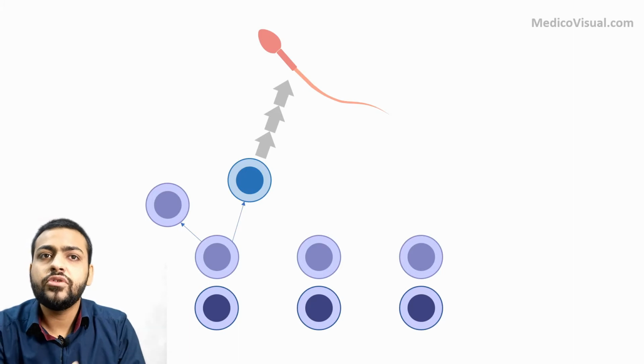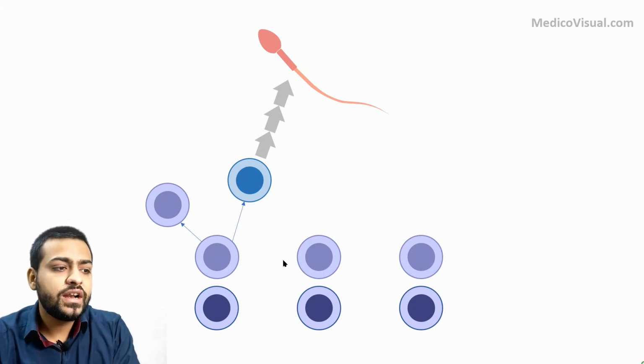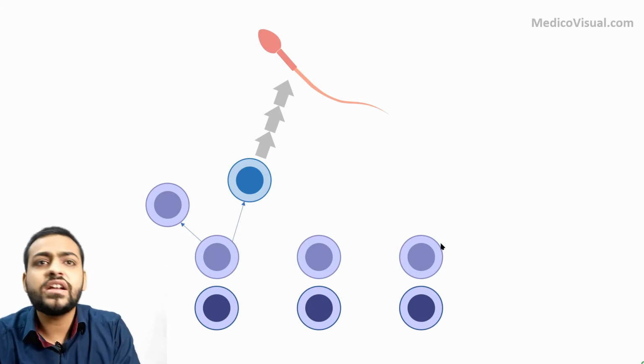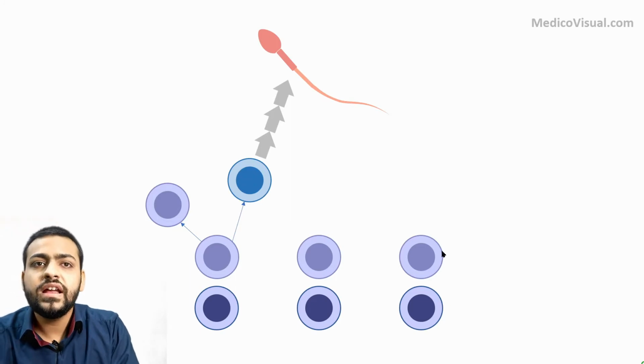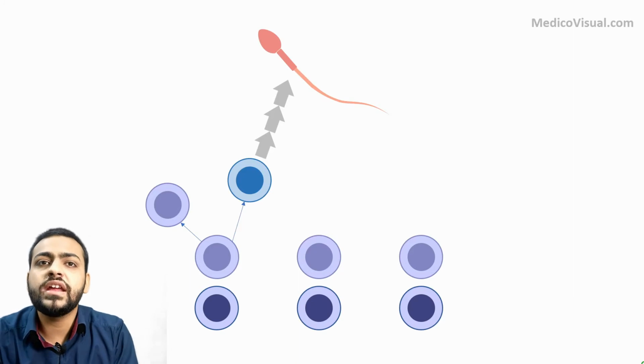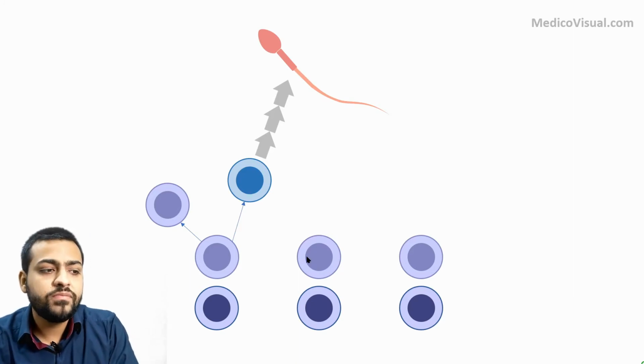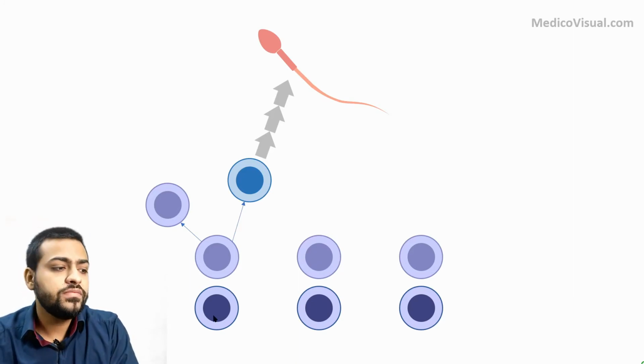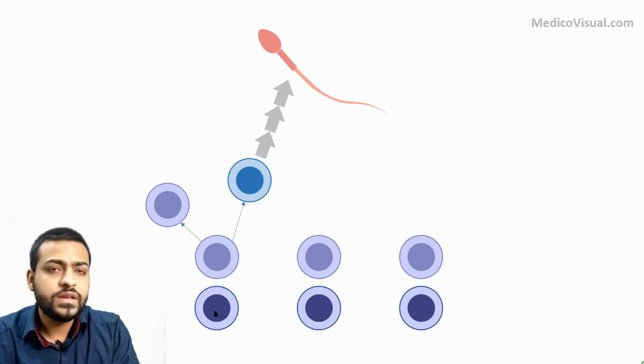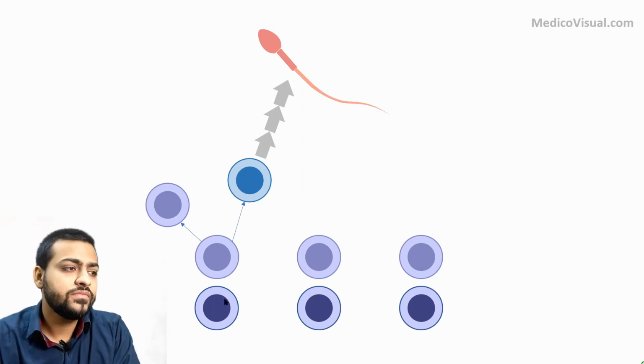While those that routinely undergo mitosis have a less tightly packed, more loosely arranged nucleus. That is why it appears pale on the microscope, and this appears dark on the microscope, right?